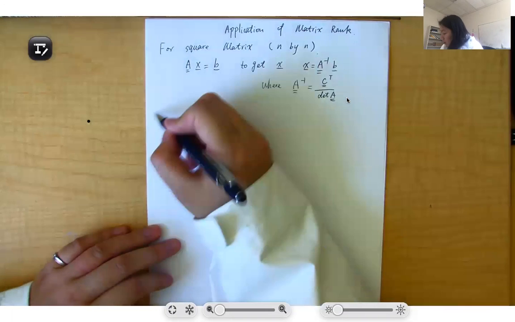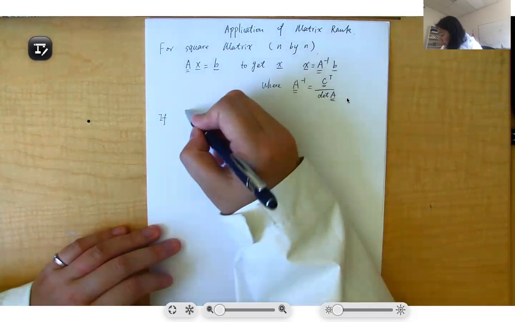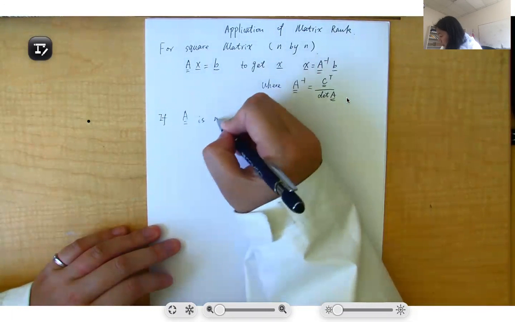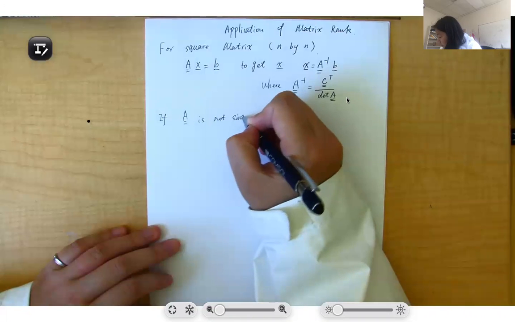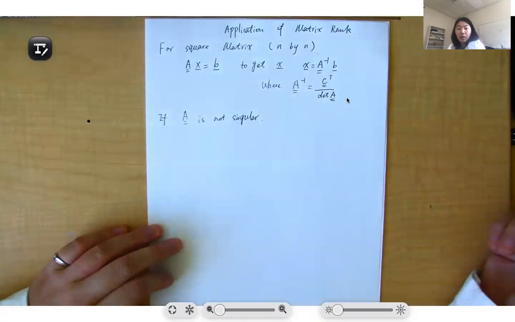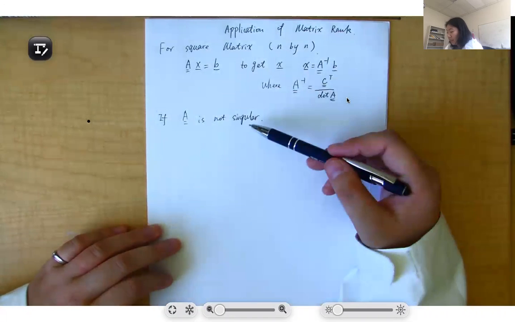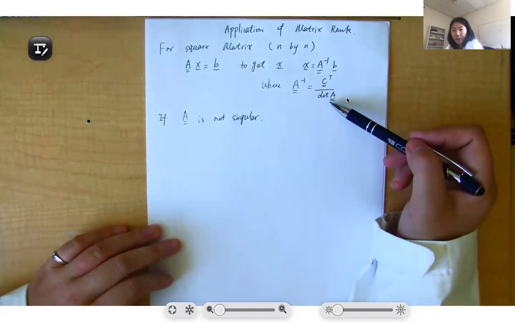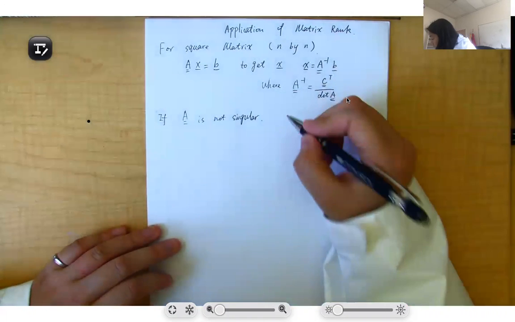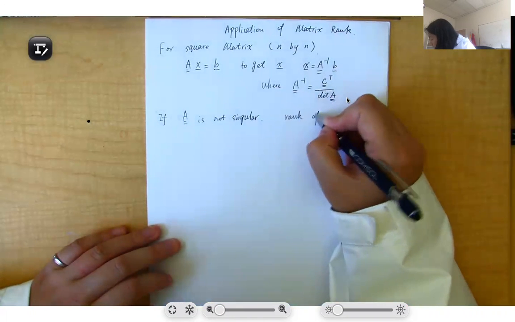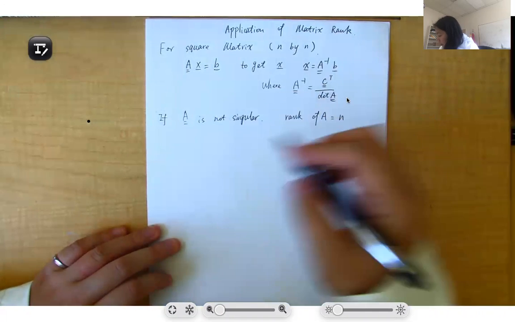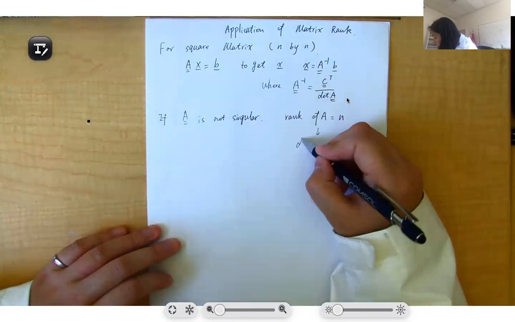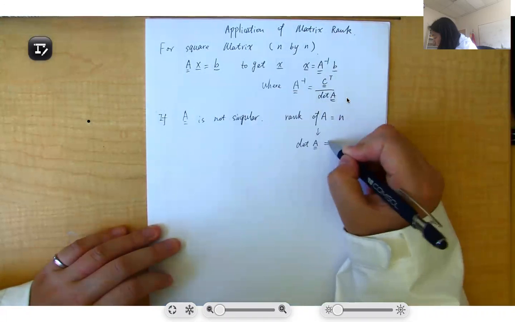So if my A is now non-singular, that means the rank of A has to be equal to n. So the rank of A is equal to n. That means the determinant of A is not 0.